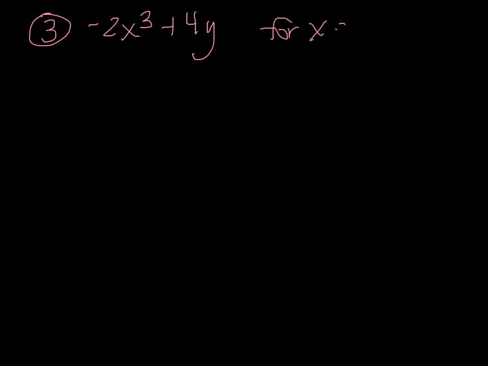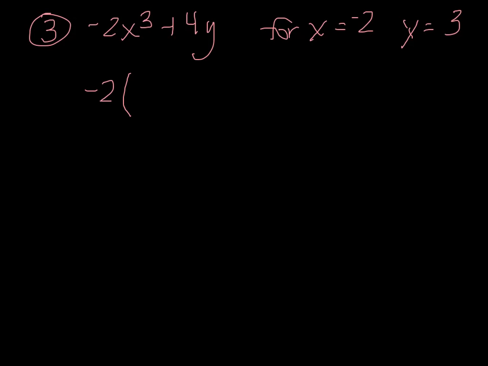Okay, this is the last one we're going to do together. Number 3 says negative 2x cubed plus 4y, where x equals negative 2, and y equals 3. So I'm going to do negative 2 times.